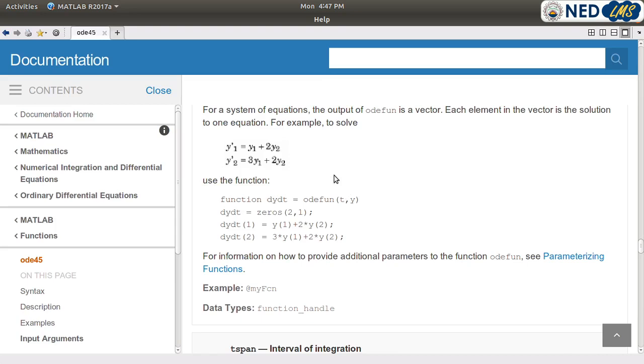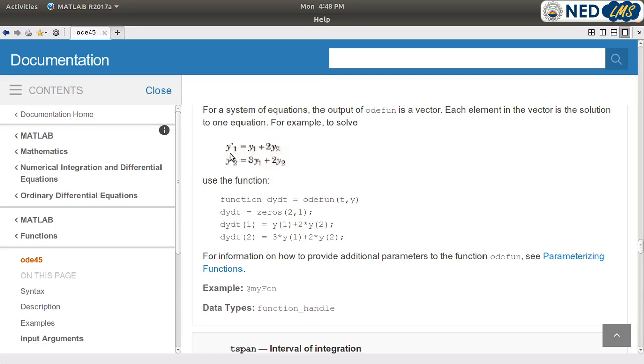The procedure for writing is almost the same, except now they have created a column matrix of two rows, also called a vector here, and wrote these two differential equations in the rows of the vector. So we will follow the same procedure in writing the function handle for this case.